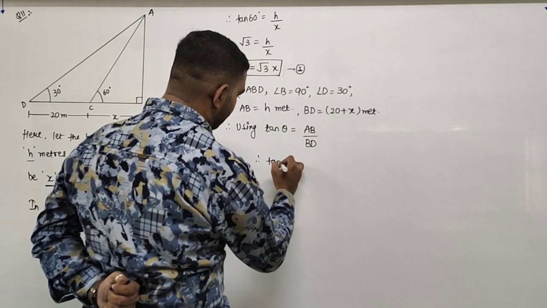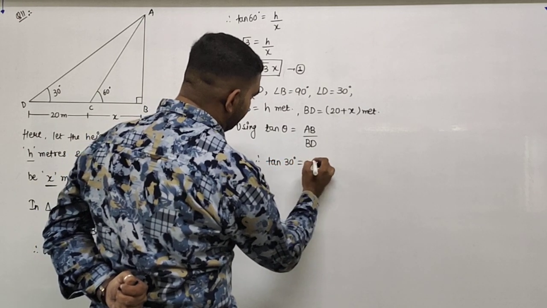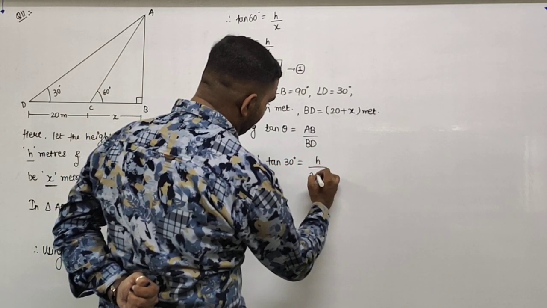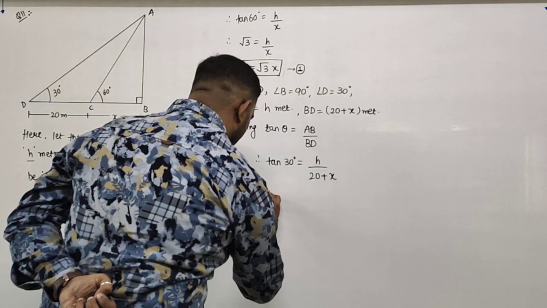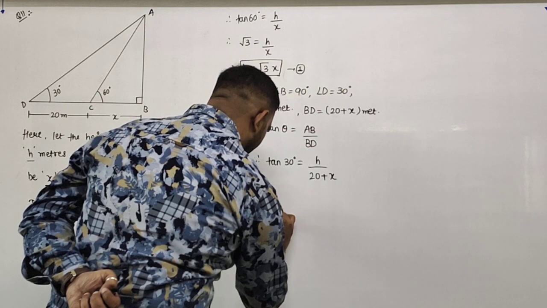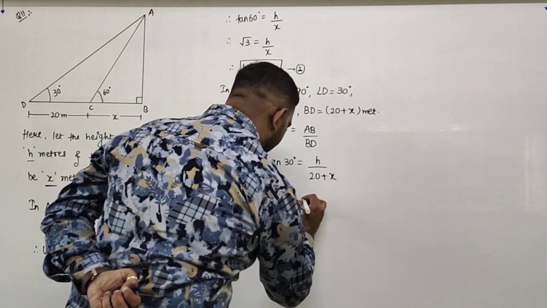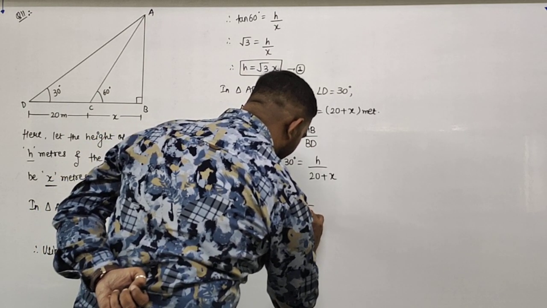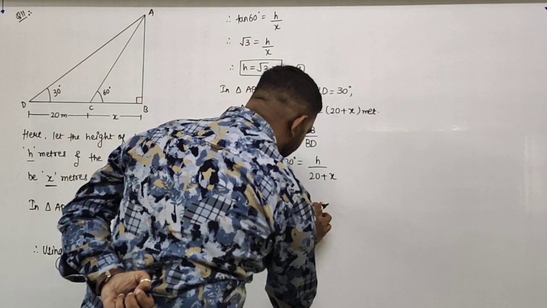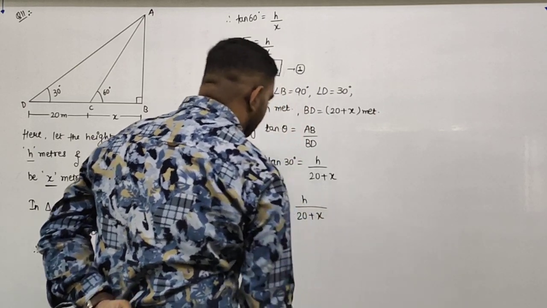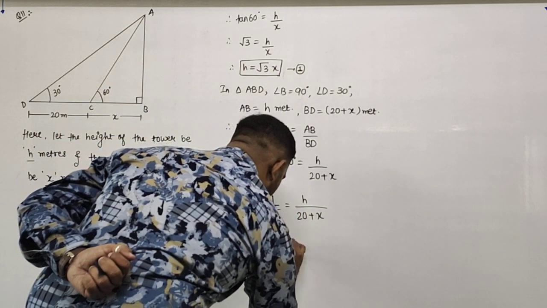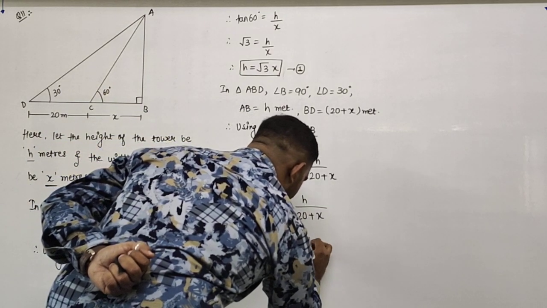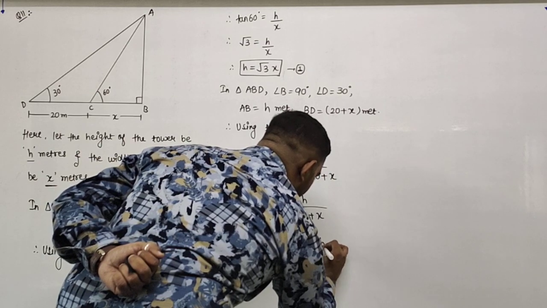Therefore, tan 30 degrees is equal to h upon 20 plus x. Therefore, 1 upon root 3 is equal to h upon 20 plus x. Cross multiply. Therefore, 20 plus x is equal to root 3 h.